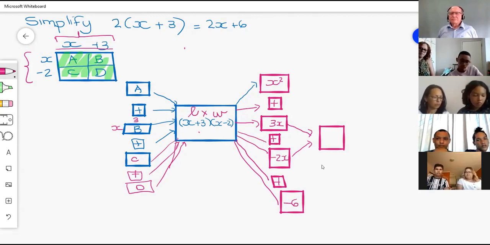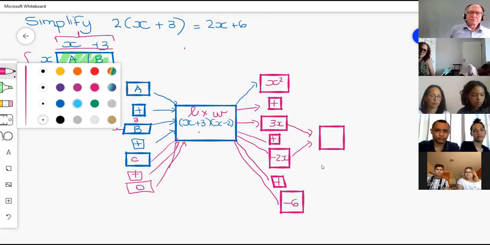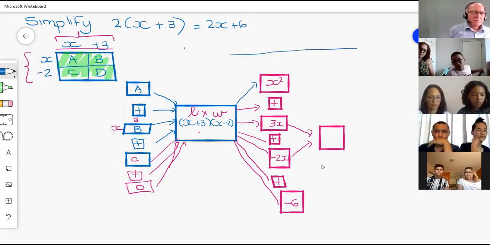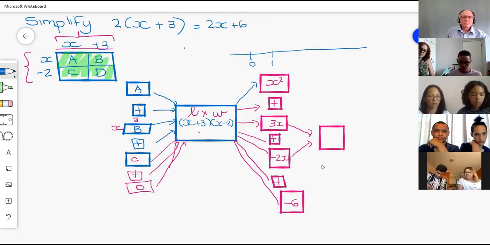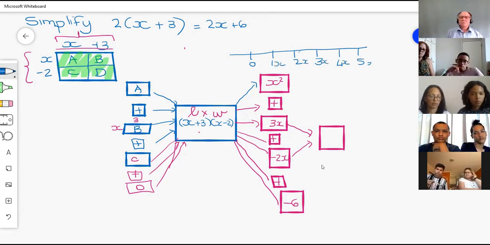Jared, I want you quickly to do something with me. I want you to draw me a number line. Let's start at 0. Now here's the rule with a number line.